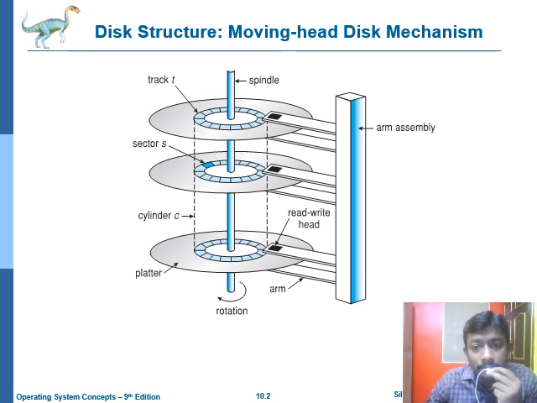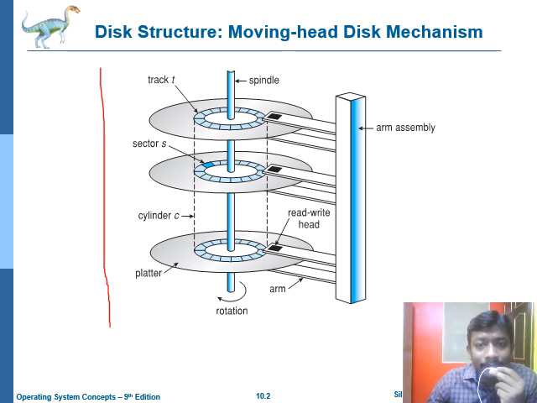Let us discuss the basics of disk structure. Say, for example, if you have a hard disk, it consists of different components, which are illustrated in this slide. This slide will explain the moving head disk mechanism.